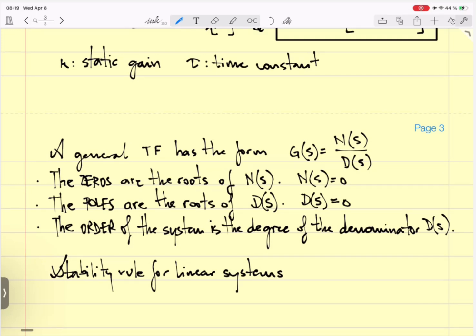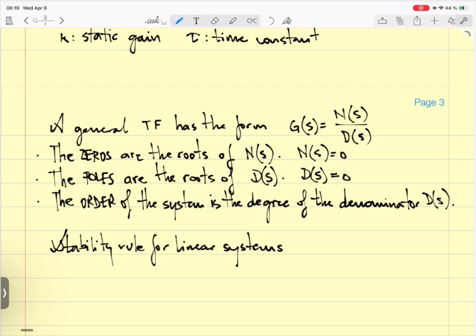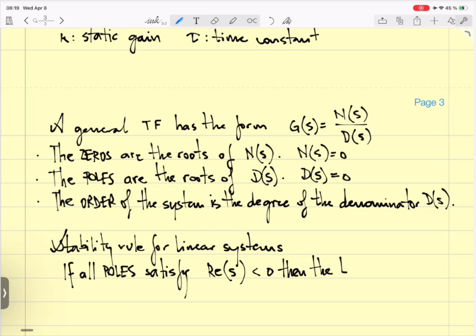Cool. So if all poles satisfy that the real part of the pole is smaller than 0, then the linear system is stable.